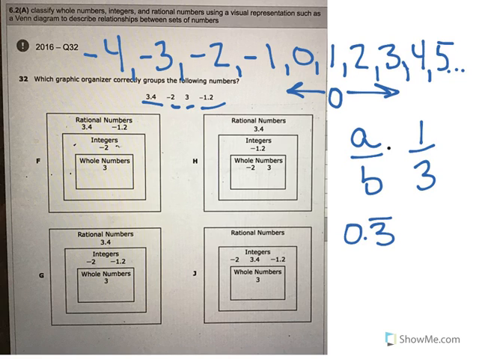A terminating decimal, like 1/4, which is in the form of a over b, turns into 0.25, 25 hundredths, so a terminating decimal is rational. And of course these include both positive and negative fractions and decimals. I could have -5 and 2 tenths. All of these are rational numbers because I can write them in the form of a over b.